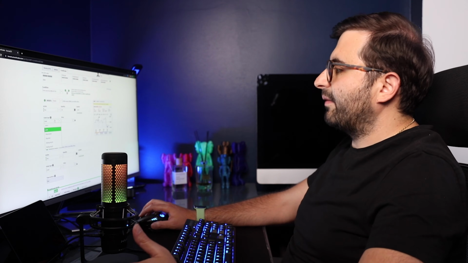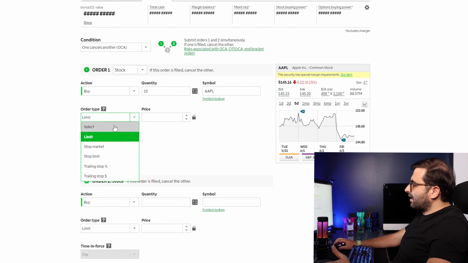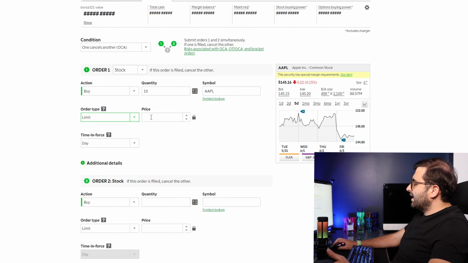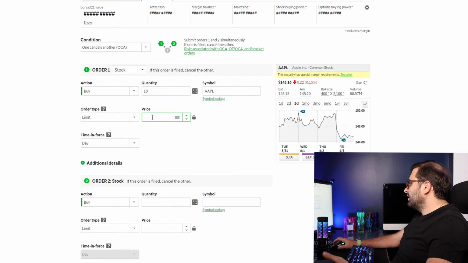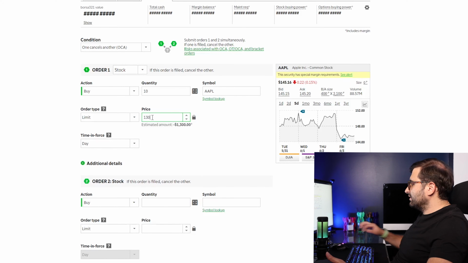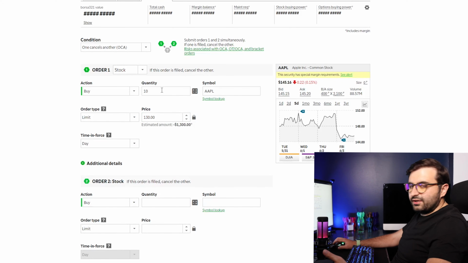And the order type. Order types are limit, stop market, stop limit, trailing stop percentage, or trailing stop dollar. We will go with the limit order type, and we will say that if Apple comes at the levels of $130, I would like to buy 10 Apple shares.